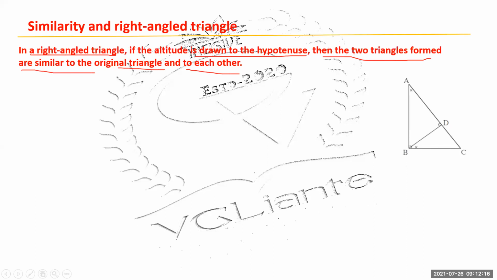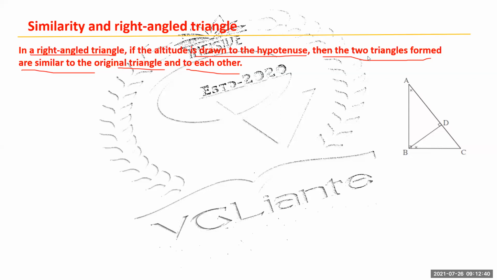So first we have to look at the figure here. Check. ABC is a right angle triangle. Understand? And BD is the altitude which is drawn. Then the two triangles formed.